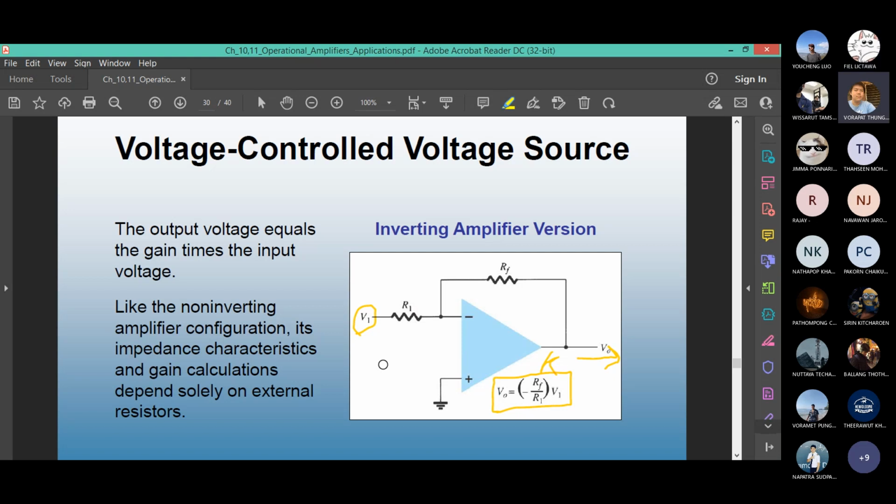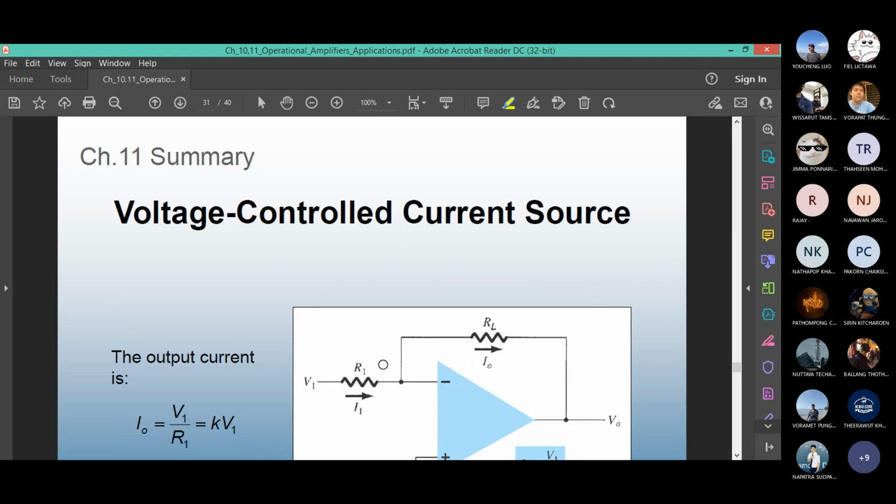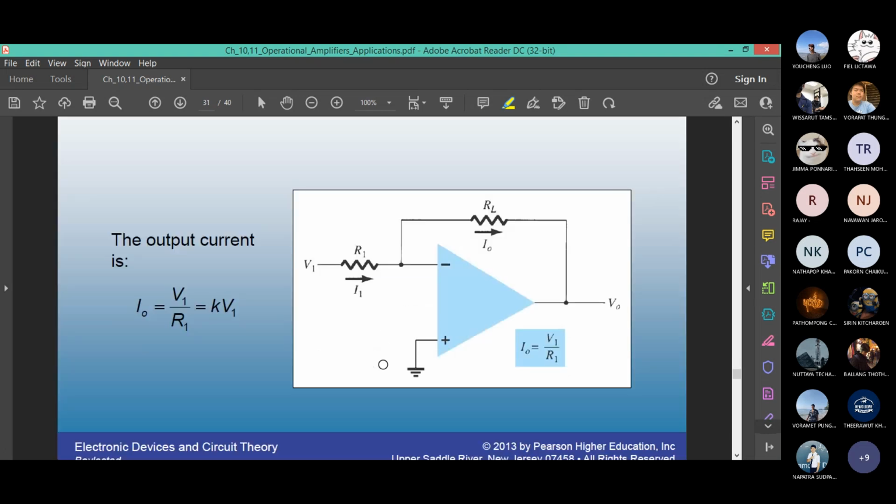Yes, sounds good. Okay, let's try to then quickly go through the rest of the op-amp. Voltage controlled current source. Now, instead of looking at the output from a voltage perspective, you can also think that I'm getting an output current.